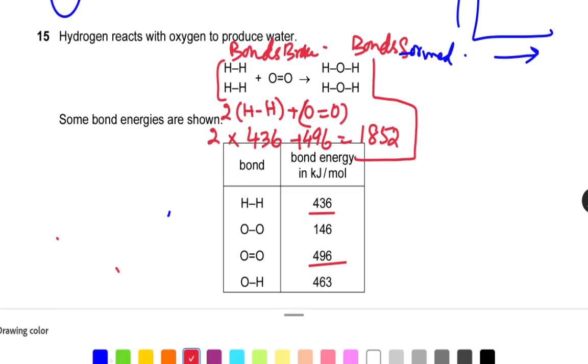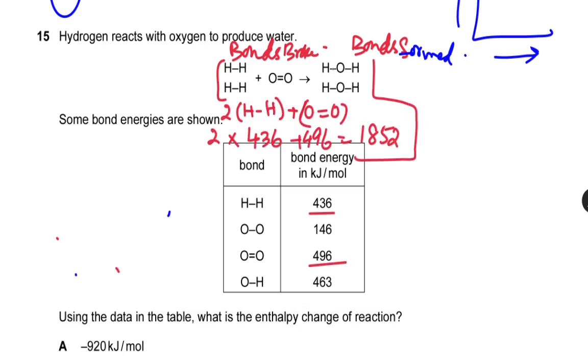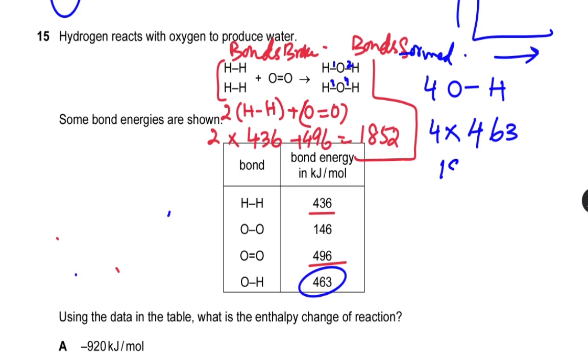Now come towards the bonds formed. H-O, 1, 2, 3, 4. Total 4 O-H bonds are formed. 4 multiplied by the value of the O-H bond, which is 463.